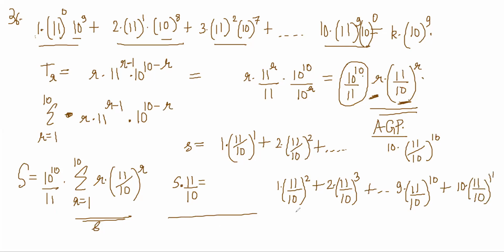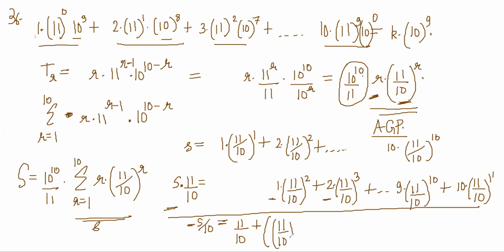And when you now subtract it, this side becomes minus S by 10, is equal to 11 by 10 plus, after subtraction, 11 by 10 square plus 11 by 10 cube and so on till 11 by 10 to the power 10 minus 10 into 11 by 10 to the power 11, right?